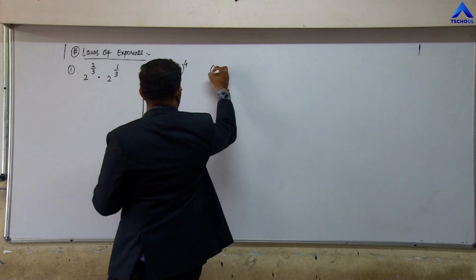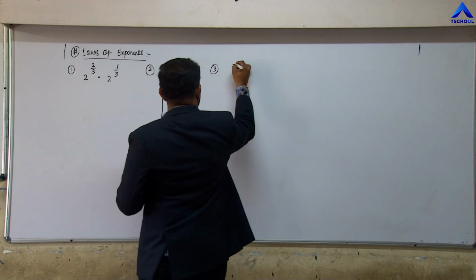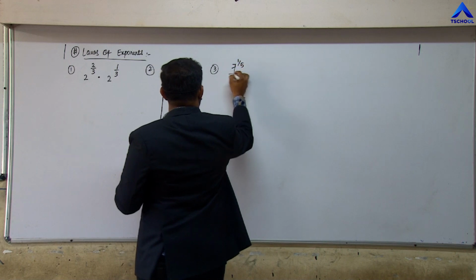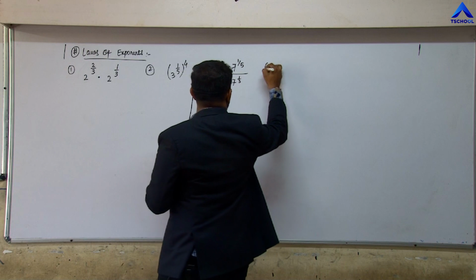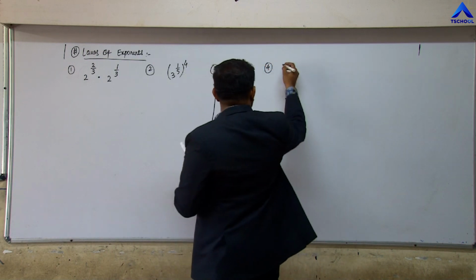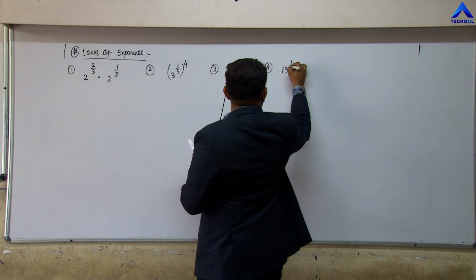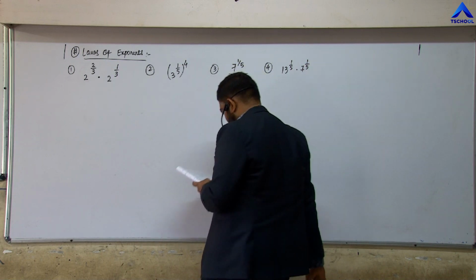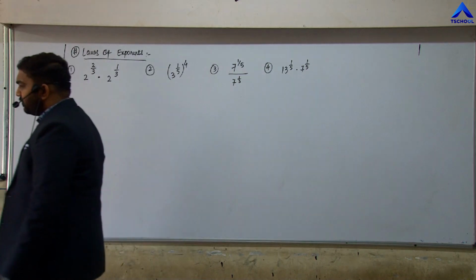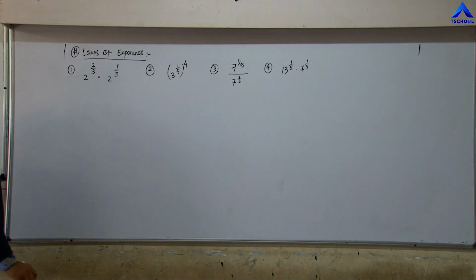The third one: 7 raised to 1 upon 5 divided by 7 raised to 1 upon 3. The fourth one: 13 raised to 1 upon 5 into 7 raised to 1 upon 5. Let us solve this much for now, and then we shall solve the rest.